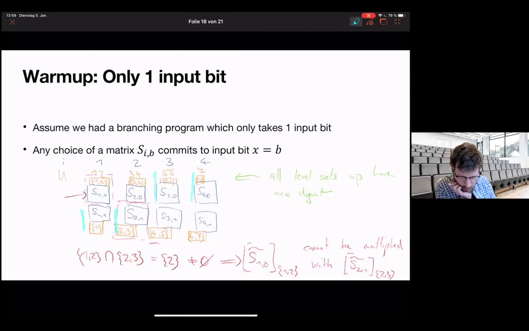Good. Let me think. What happens here now? The problem with that, I mean, you're having a hole in there. That's the first thing.